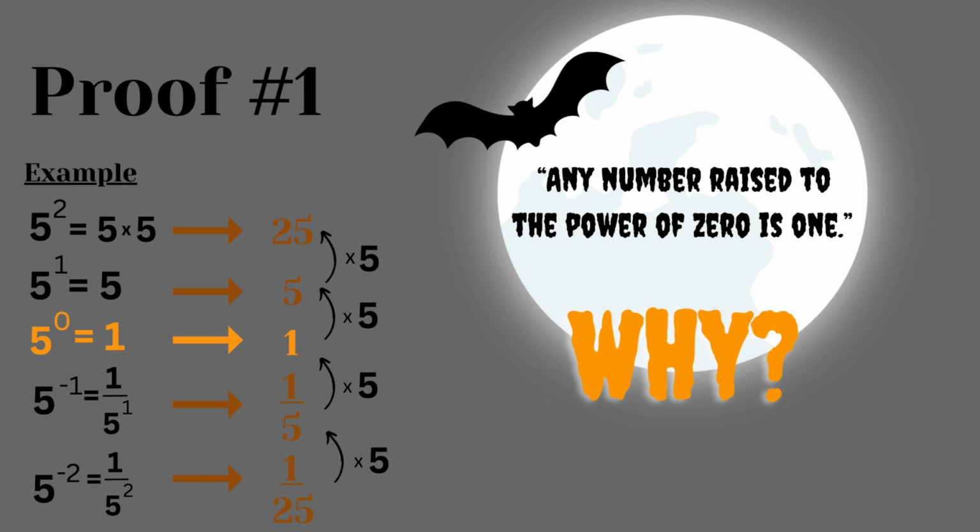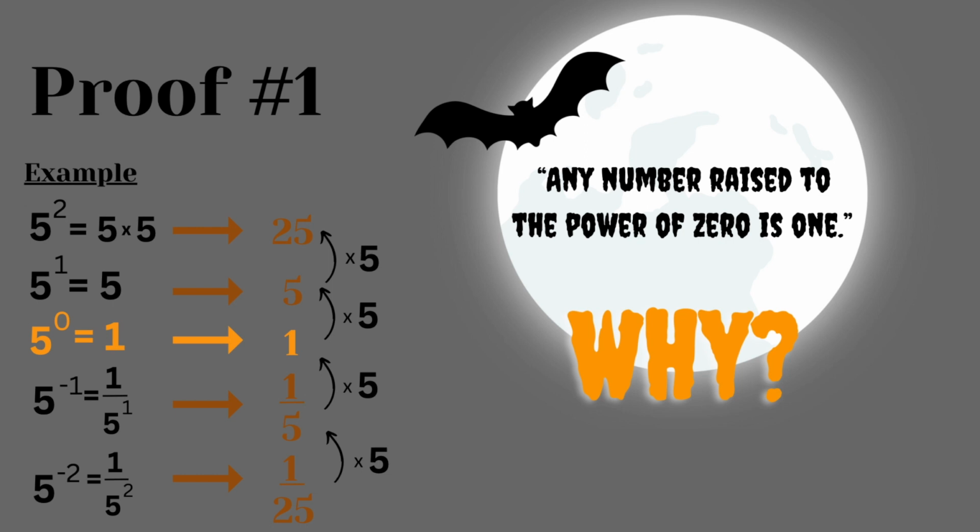There's a pattern here. As we see, I wrote times 5 with an arrow going up on the far right side of all of this. What I'm trying to illustrate is that when we solve these exponents, 5 raised to the power of -2 ultimately is 1 over 25, 5 raised to the power of -1 is 1 over 5, 5 raised to the power of 0 is 1, 5 raised to the power of 1 is 5, and 5 squared is 25.